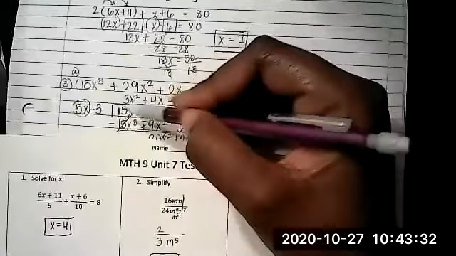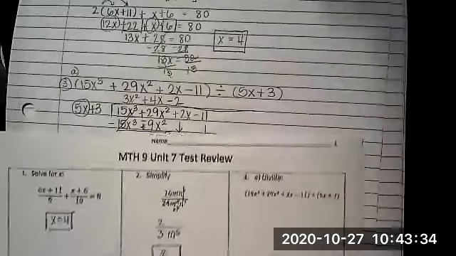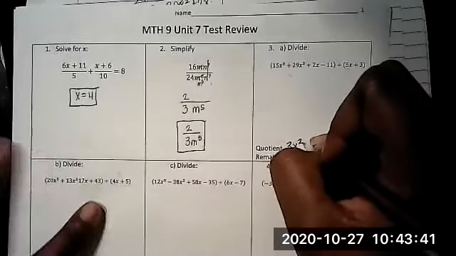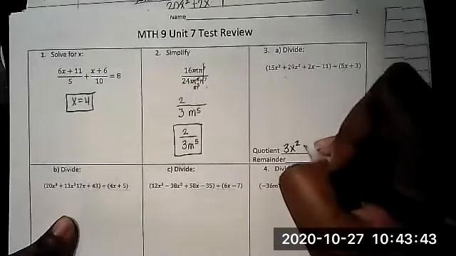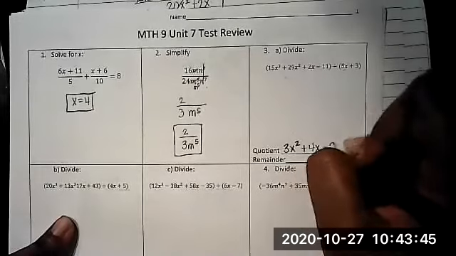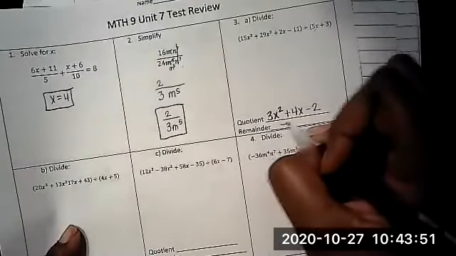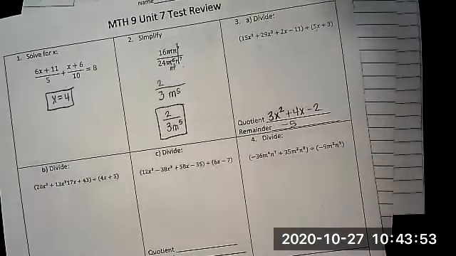So the quotient here is the answer. So I put my quotient as 3x squared plus 4x minus 2, and then the remainder is, we said, negative 5. Okay, so negative 5 is your remainder there.